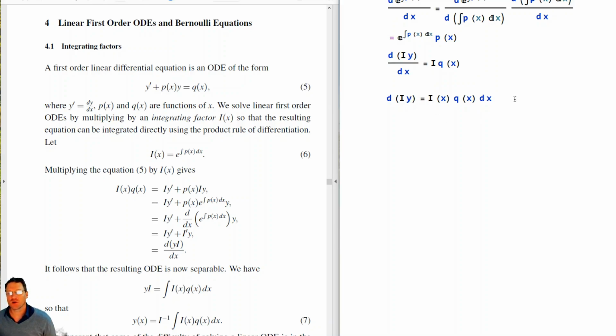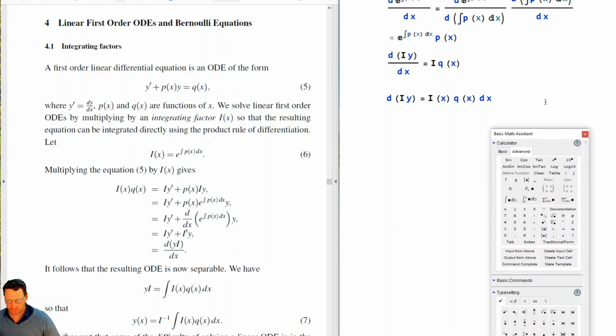At this point, we include the integration symbol. So we have the integral of 1 with respect to Iy, and on the right-hand side, we have the integral of I of x times q of x with respect to x.